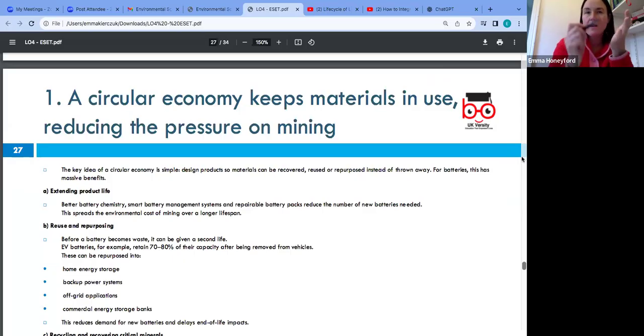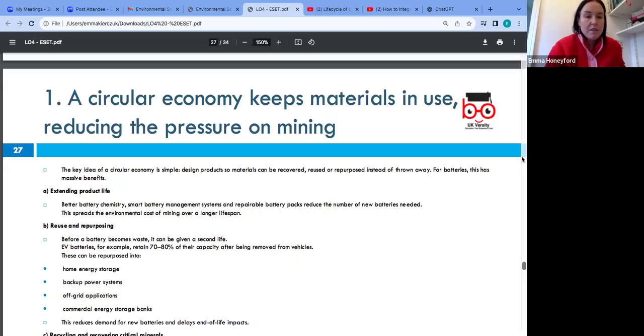So you're preventing products being disposed of further down the life cycle. For batteries, this has massive benefits. Better battery chemistry, smart battery management systems and repairable battery packs reduce the number of new batteries needed, so we can keep reusing them. That reduces the need for mining, and the environmental cost of mining, over a longer lifespan.